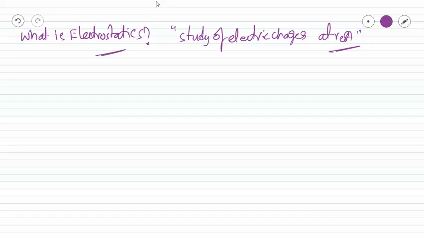Before going into Coulomb's law, let us note a very important thing, which is what we call a point charge. So what is a point charge? A point charge is defined like this.